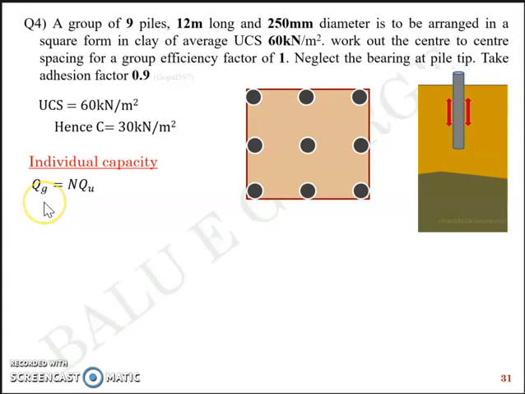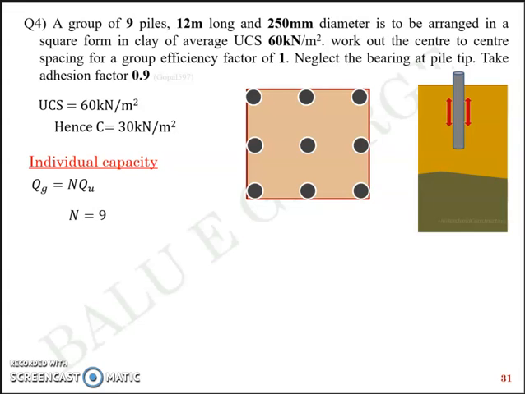So Q group in such case is equal to N, which is 9 here, multiplied by the capacity taken by a single pile. So individual capacity means that the capacity in the group is equal to number of piles multiplied by the individual capacity.